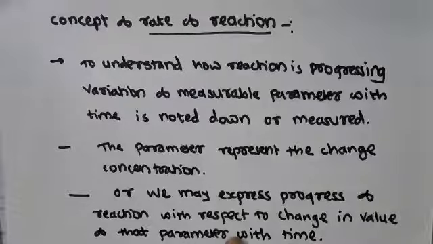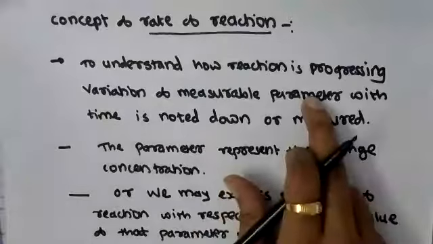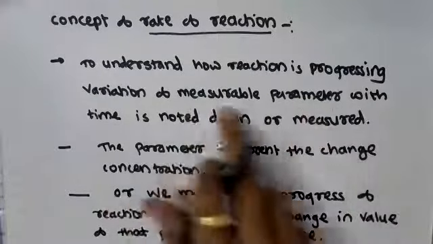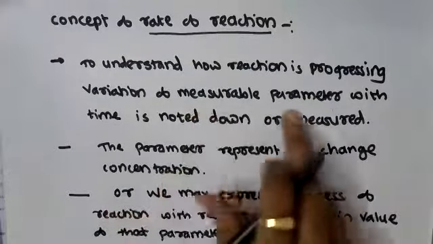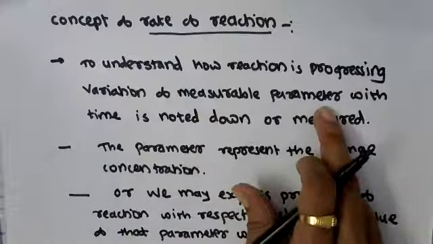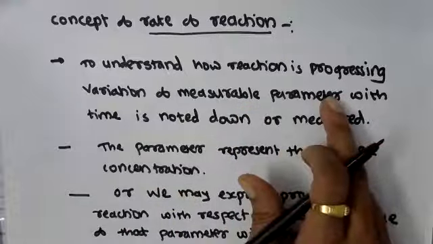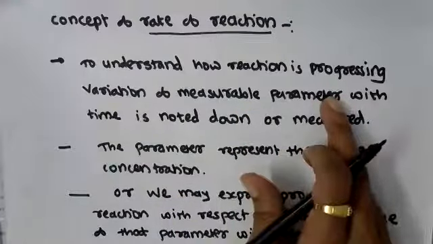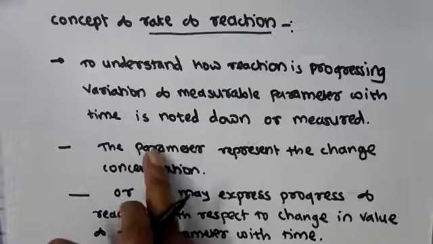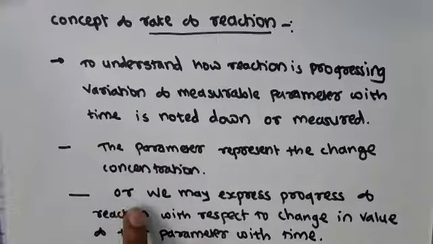That parameter means which parameter? Measurable parameter. This measurable parameter is representative of, or is directly or indirectly related with, the concentration of the reactant, which is changing with respect to time.